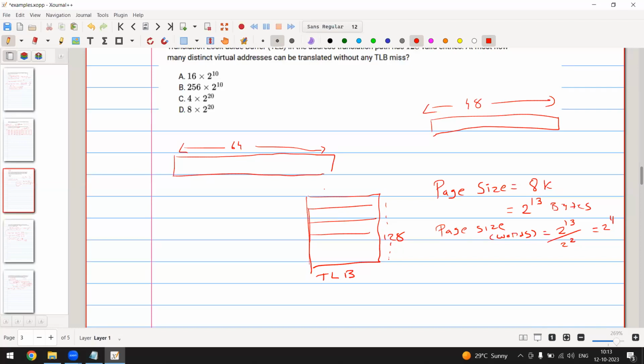Similarly, what is the virtual memory size? It is 2 raised to 64. Now, how many pages are possible?